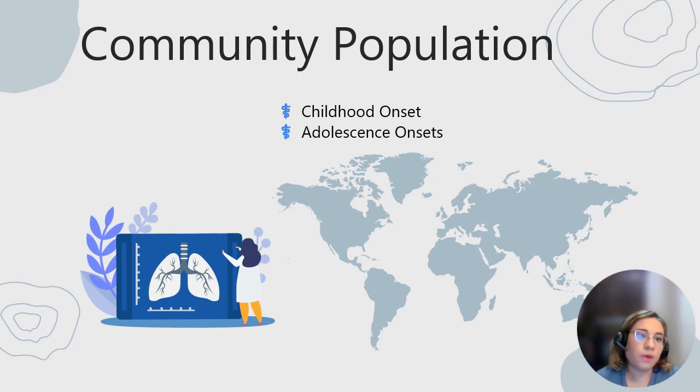For the community population, we're going to be talking about childhood onset and adolescence onsets. Asthma often starts at a young age, childhood onset asthma, but for some patients, it can develop later in life, or late onset asthma. Allergic asthma begins in childhood and has also been seen in other allergic conditions such as atopic dermatitis or allergic rhinitis.